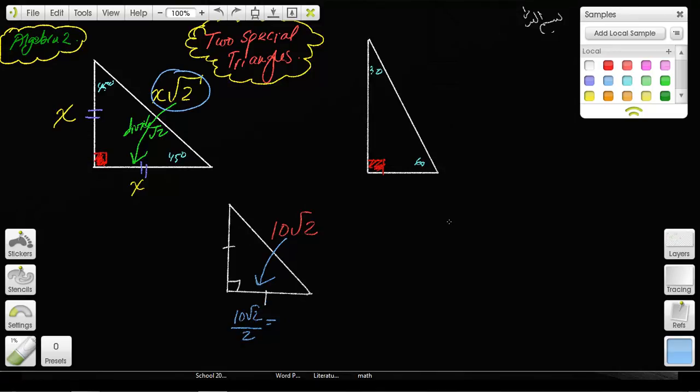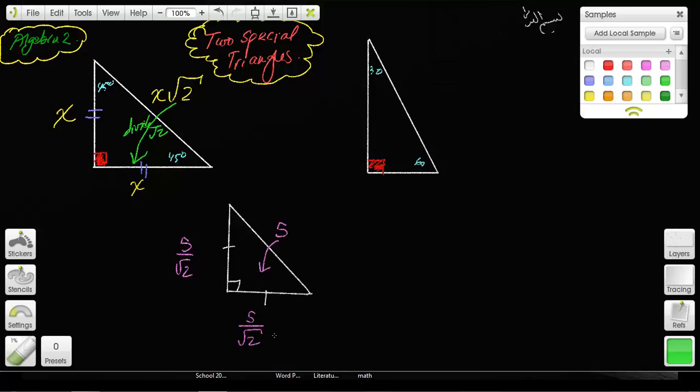To give another example, one that's not as simple, let's say the hypotenuse is 5 and you want to find the two legs. Then you divide by square root of 2, so each side would be 5 over square root of 2. It's not mathematically proper to have square roots in the denominator, so we have to get rid of the square root, which is called rationalization of the denominator, if you recall.